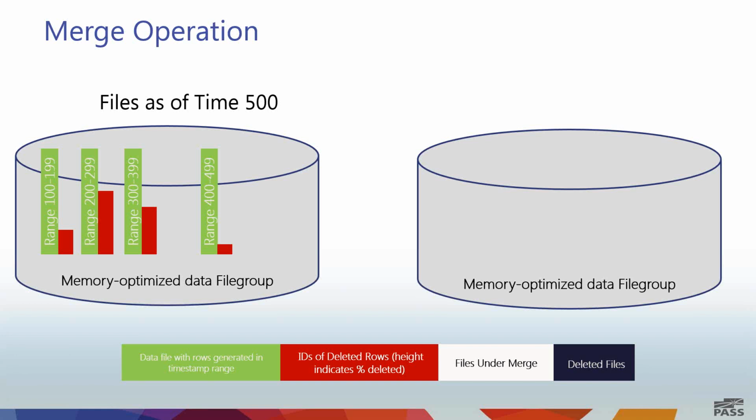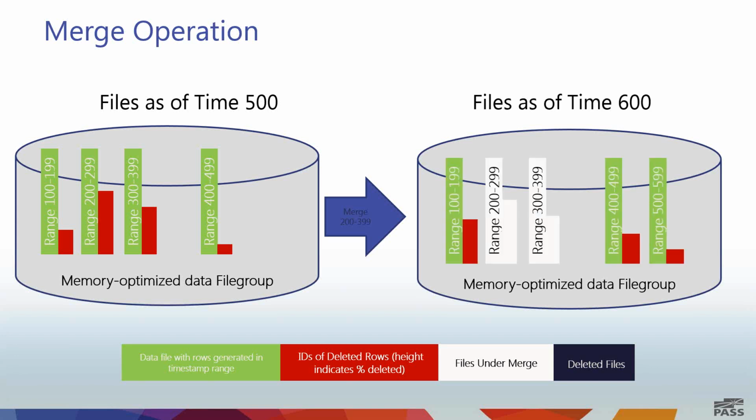So what the merge process does is it picks up these file pairs and decides to do a merge. The system first marks these old file pairs as under merge, at which time it constructs a new file pair that has the new data and delta for these ranges, the new merge file pair.